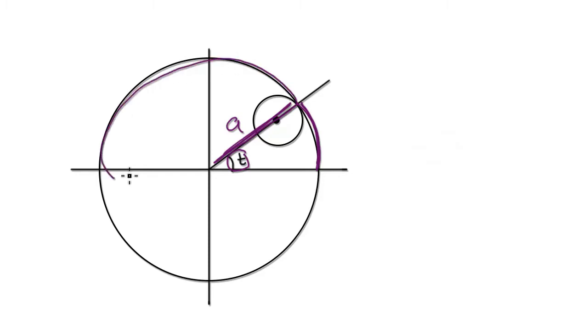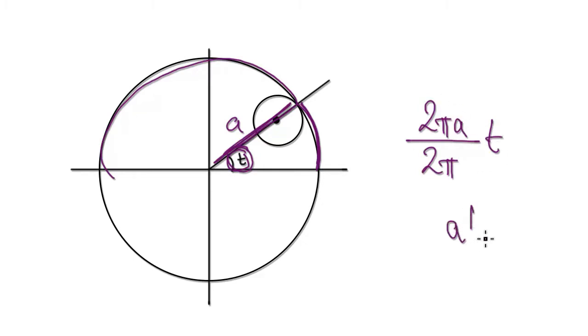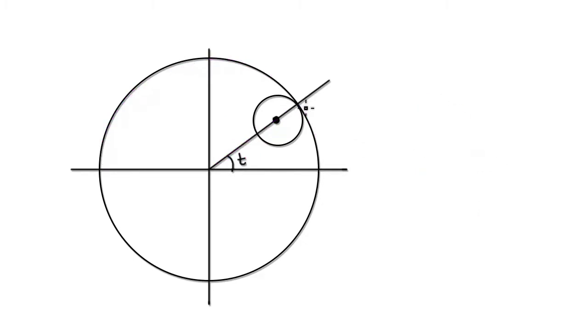Well, I'm expecting you to be able to do this. It will be 2 pi a, cut it into 2 pi equal pieces, and then times the angle t, and then simplify this, it will then give you at. I'm expecting you to know this by now. This arc length is at. So for given angle, the arc length will be at.